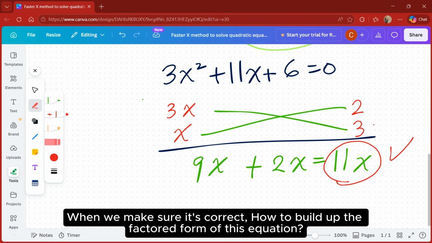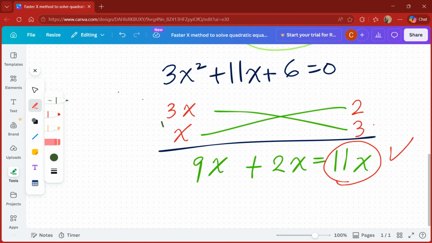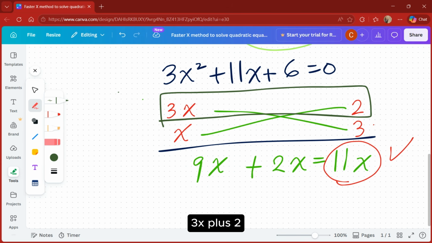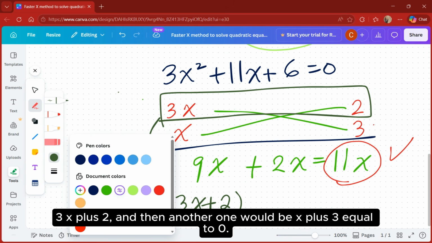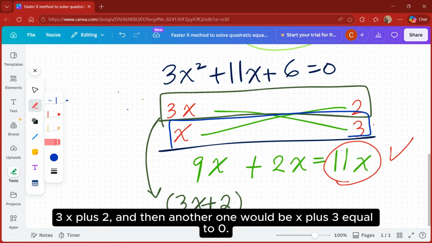When we make sure it's correct, how to build up the factor form of this equation? 3x plus 2, and then another one would be x plus 3, equal to 0.